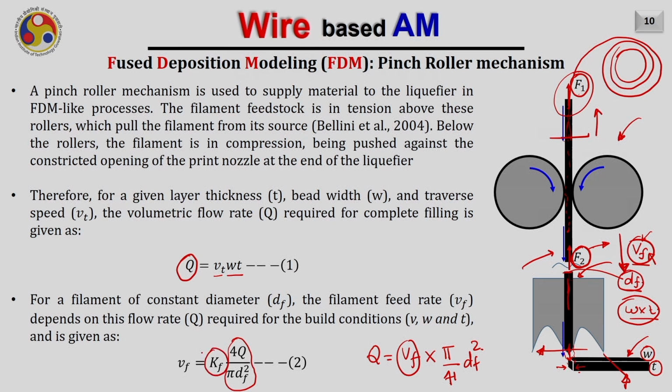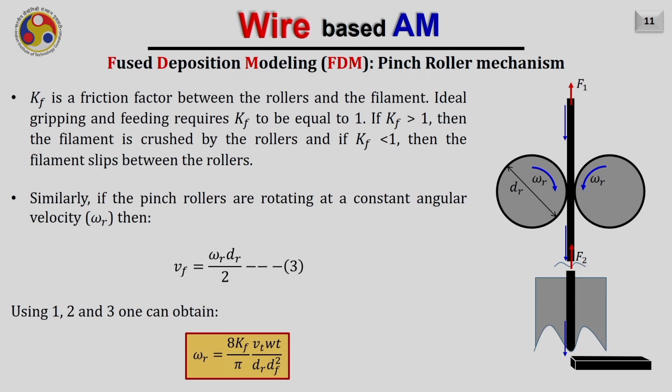So what is Kf? This correction factor, which is also called the friction factor between the rollers, can have three types of value. Kf can be greater than 1. If Kf is greater than 1, then the velocity will be greater than the predicted one.